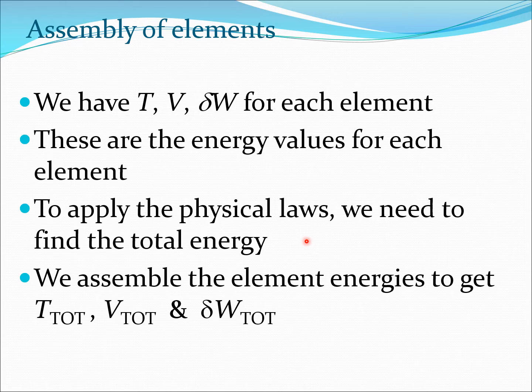And we are going to apply the Lagrange equation, but for that we need to calculate T total, V total, and delta W total. Now recall that T was the kinetic energy of the system, V is the strain energy of the system, W is the virtual work for the system, and the subscript TOT here represents that these are for the total system, for the entire beam in this case.